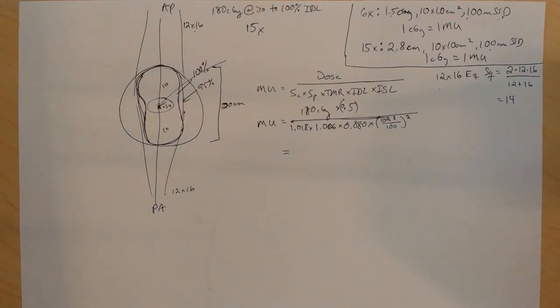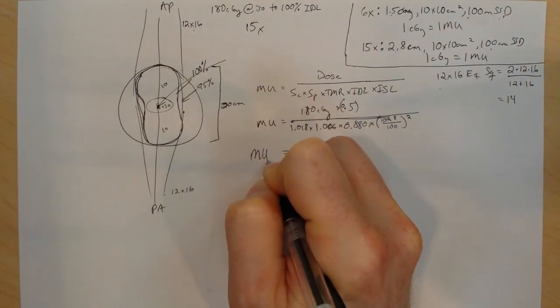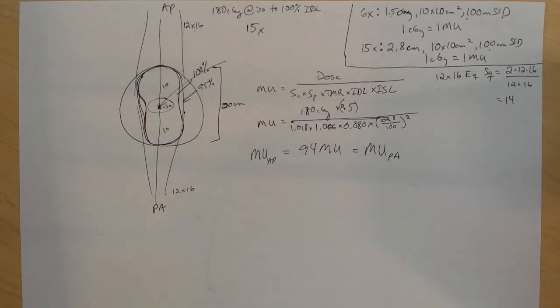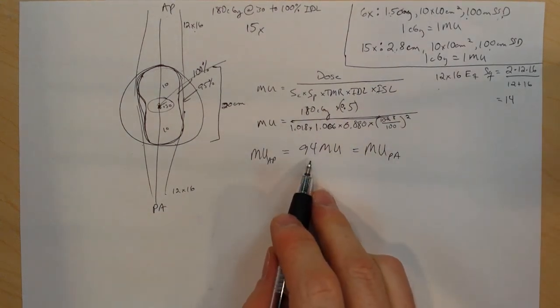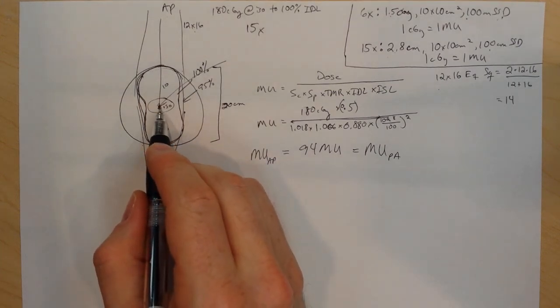I get 90 divided by 1.018 divided by 1.006 divided by 0.88 divided by 1.057 gives me 94 MU. This equals MU from the PA. So each field I'm delivering 94 MU to deliver 180 centigray at isocenter.